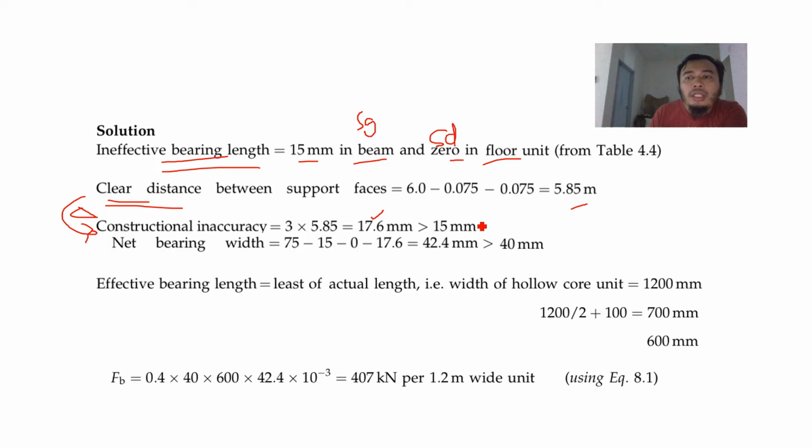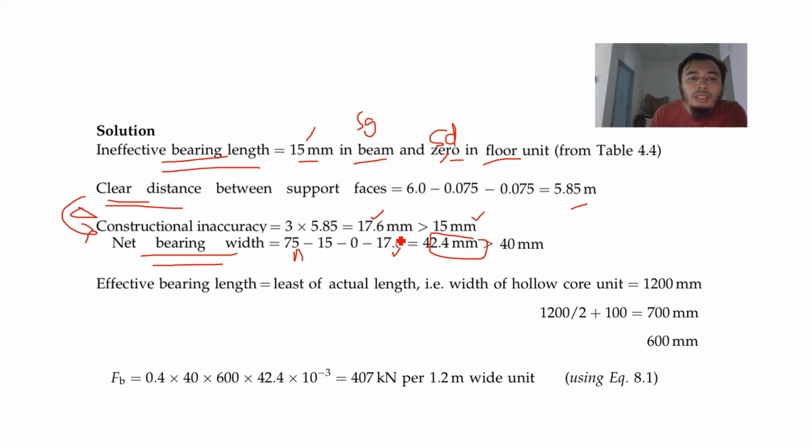If it is less, then you need to take the minimum. Once you have these three, you can calculate your net bearing width. Given the nominal bearing width, you minus your ineffective value, then you minus your tolerance. So you get your net bearing width.